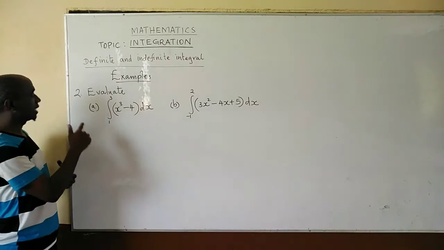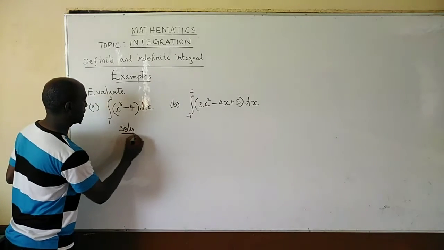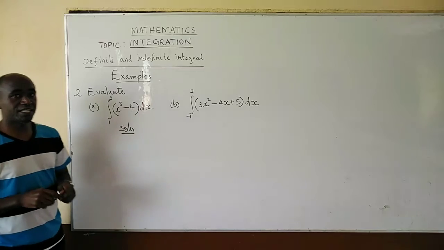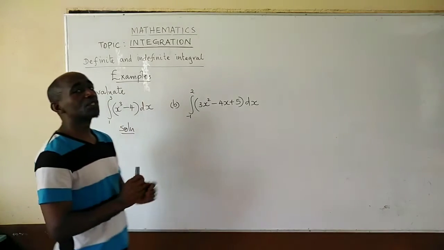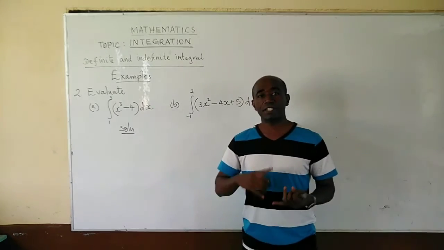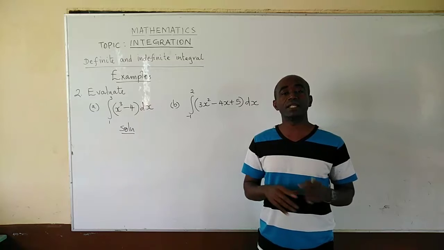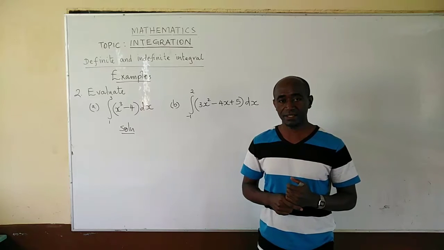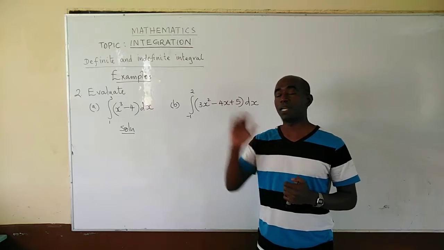So let's look at the first one here. The first example, A. If you remember what we discussed in our last lesson, for definite integral, the first step is to integrate. After integrating, you place that integral in square brackets, then insert the limits, the lower limit and the upper limit.